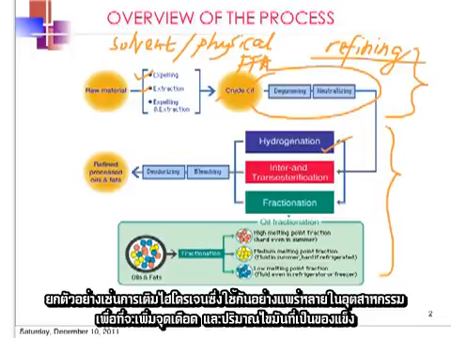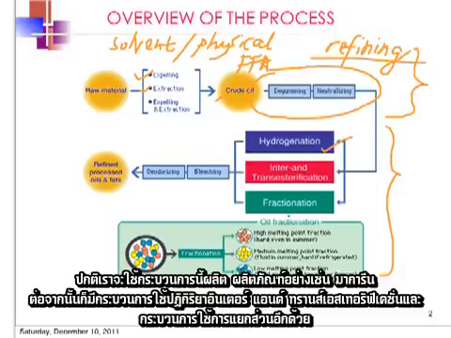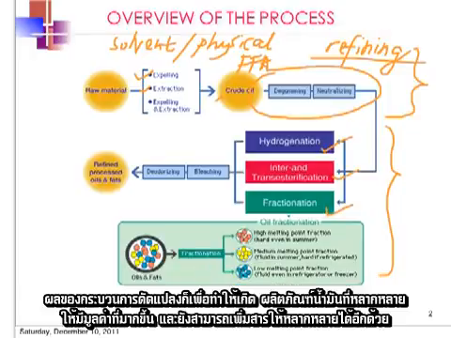This is a very widely used process in the industry to increase the melting point and solid fat content of the fat. So usually we use this process to produce a product like margarine. Then there is also the interesterification process and also the fractionation process. The idea of this modification process is to produce various types of oil products which have higher value and which can be used for many food applications.